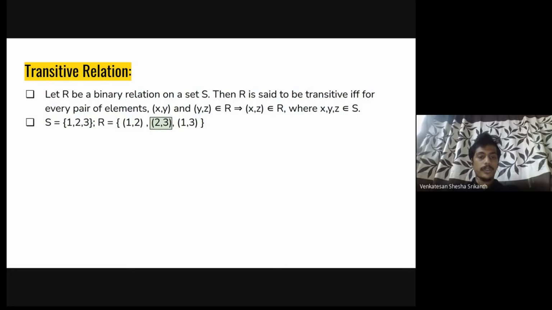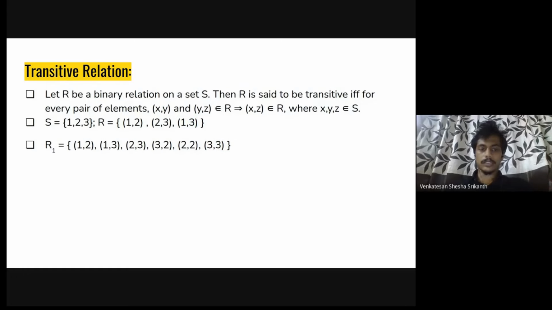There are two pairs of elements (1, 2) and (2, 3) belonging to my set R, so my third pair, (1, 3), should be in my R. I check whether (1, 3) is in R or not. Yes, the third element (1, 3) is in my R, which makes this relation R transitive.